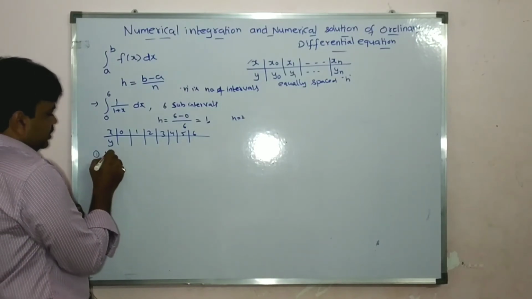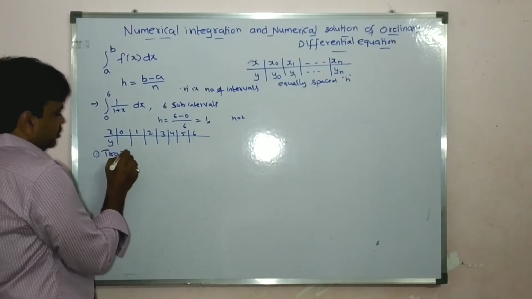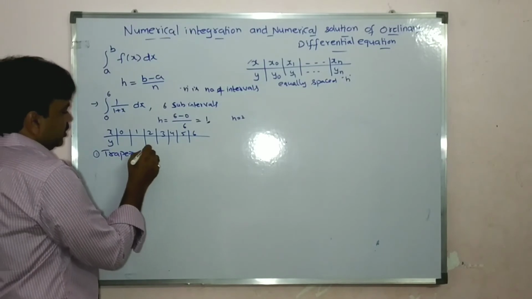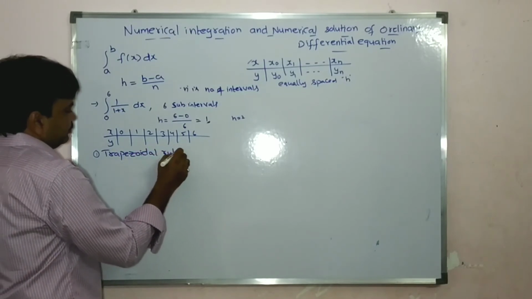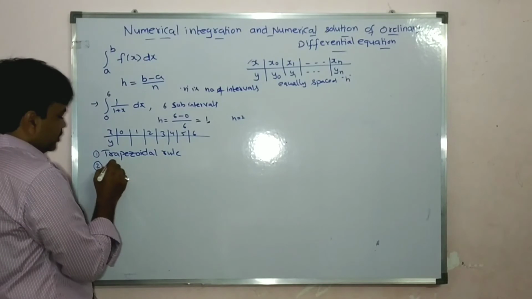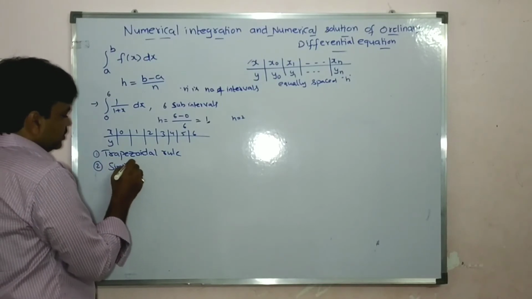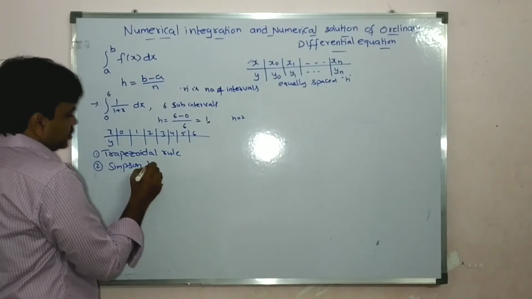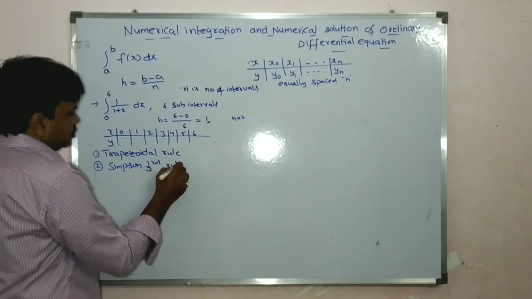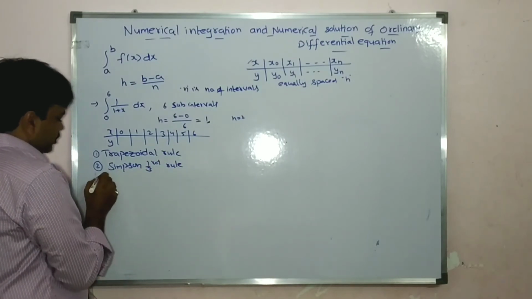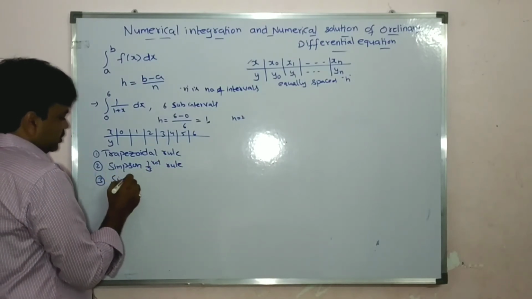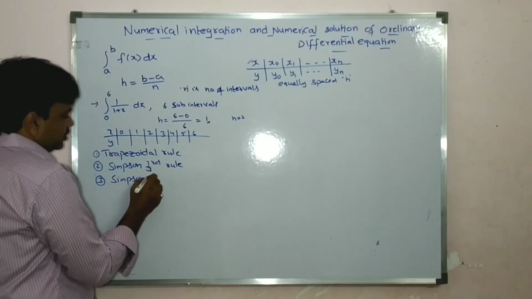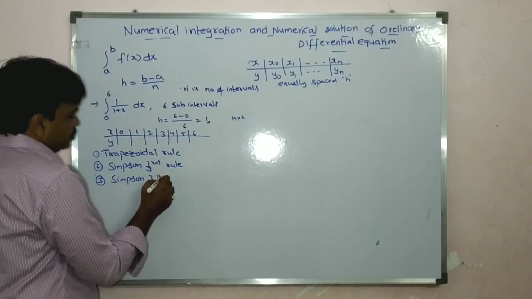First one is the trapezoidal rule. Second one, Simpson 1/3 rule. And Simpson 3/8 rule.